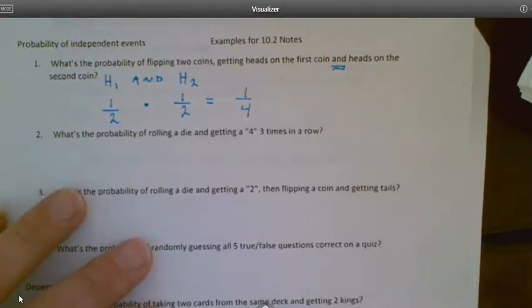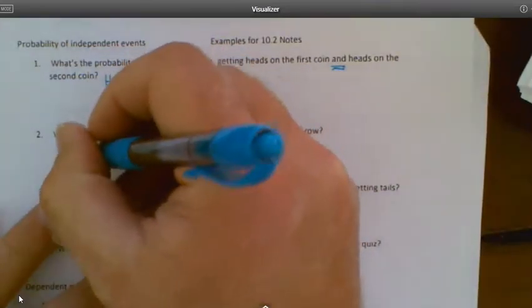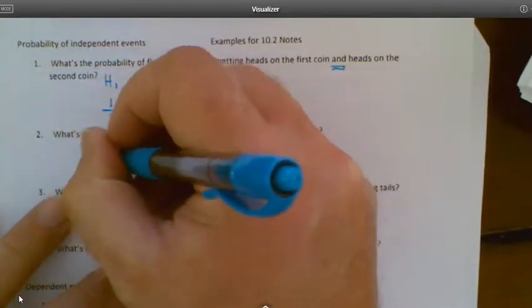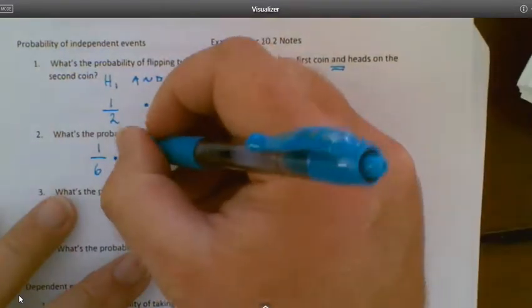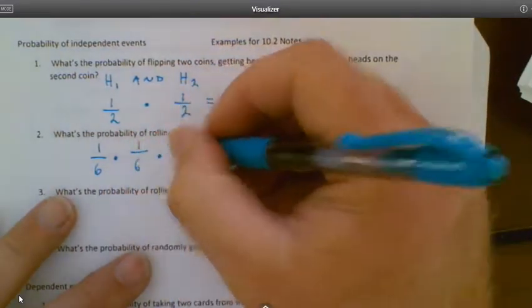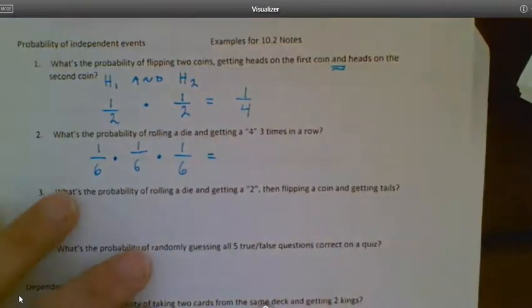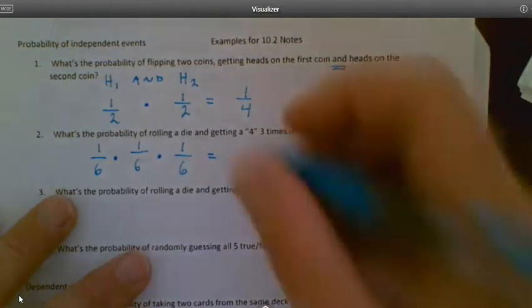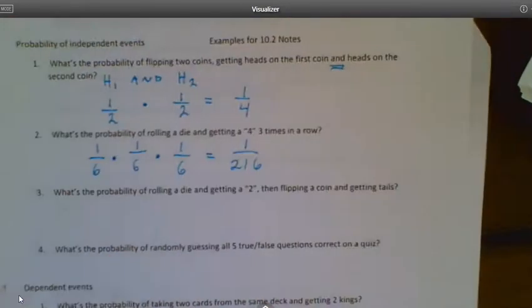So if we just said, what's the probability of getting a 4 on the first roll, it's 1 out of 6. And getting a 4 on the second roll, and getting a 4 on the third roll. So what's the probability of getting a 4 3 times in a row? It would be a 1 out of 216 chance of that happening.